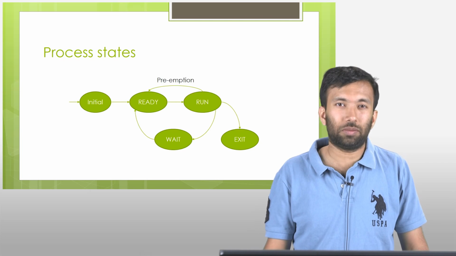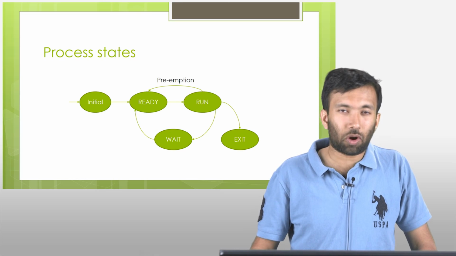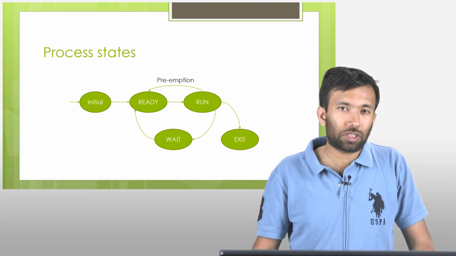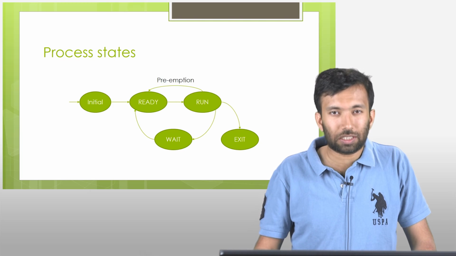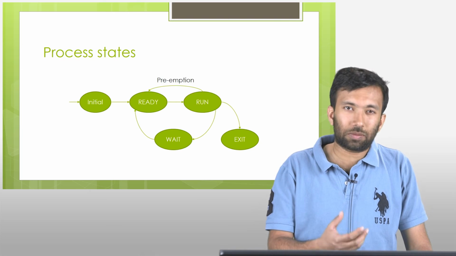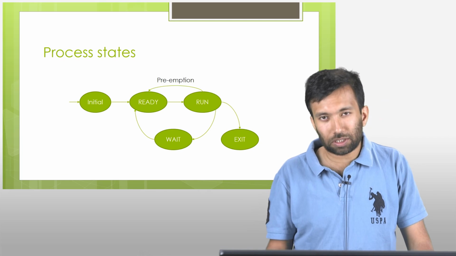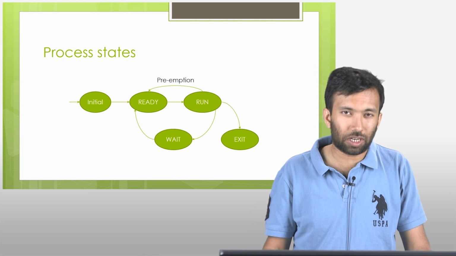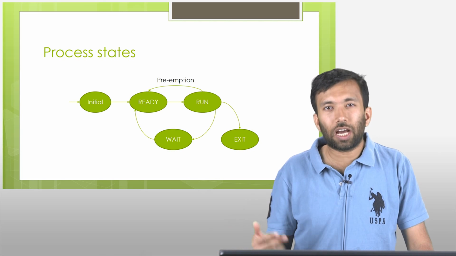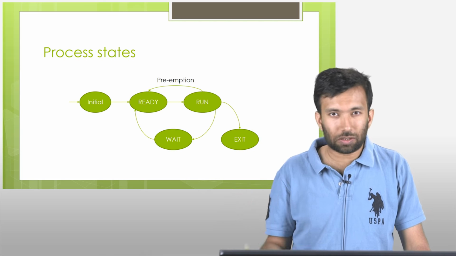That somebody is the CPU scheduler. It's a module in the operating system. We will talk about the CPU scheduler in great detail in subsequent videos. So when the CPU scheduler takes this process from the ready state and converts it into run state, the process is running, which means the program counter of the CPU gets updated and the process executes.